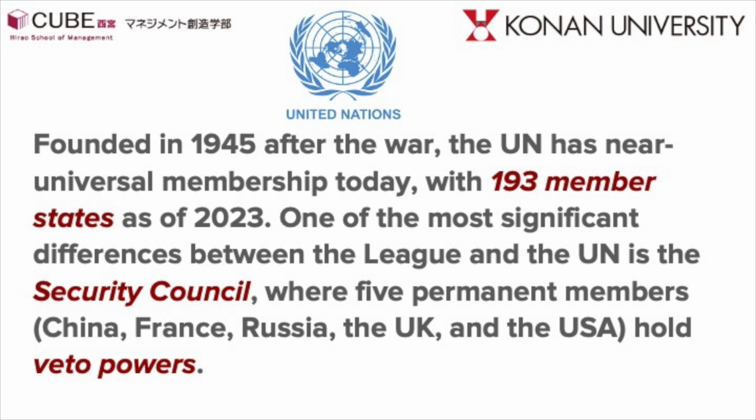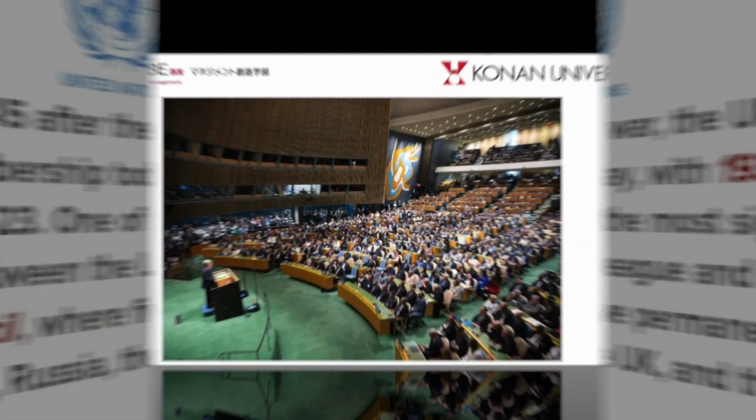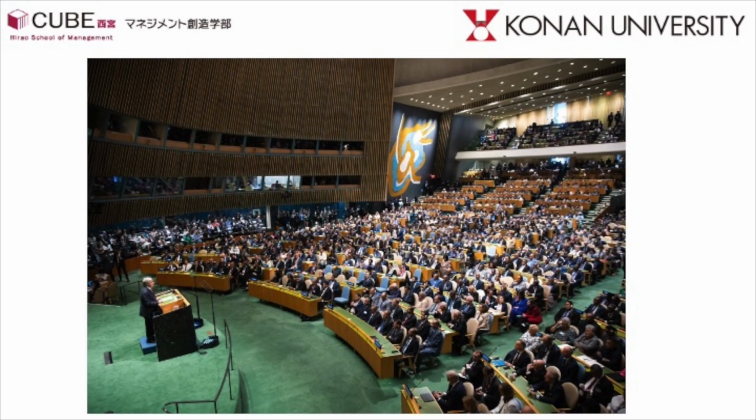Unlike the League of Nations, the UN has near universal membership today, and as of 2023, there were 193 member states. One of the most significant differences between the League and the United Nations is the Security Council, where 5 permanent members, China, France, Russia, the UK, and the USA hold veto power.